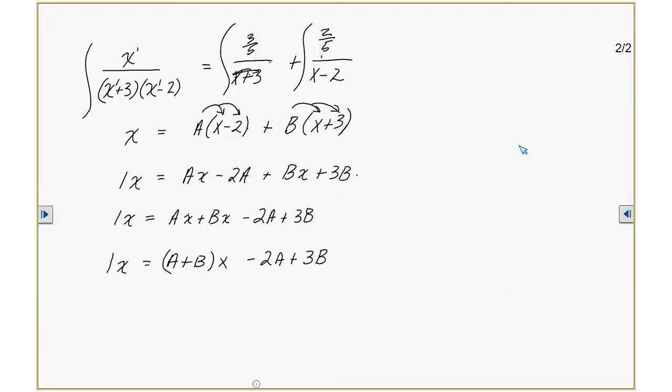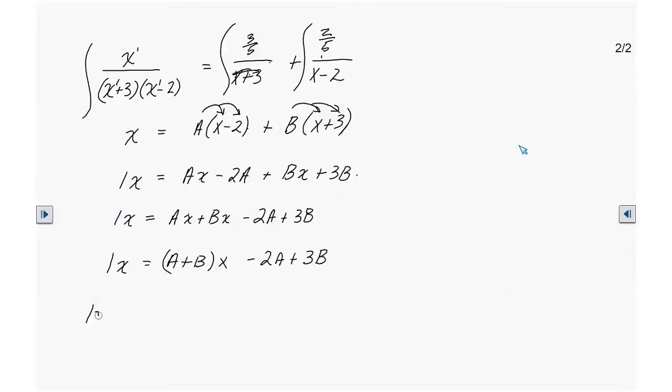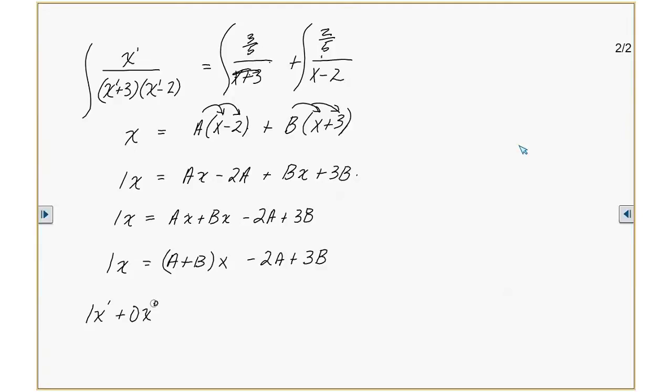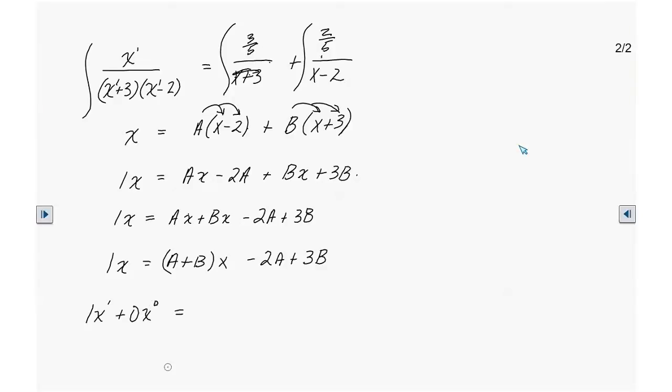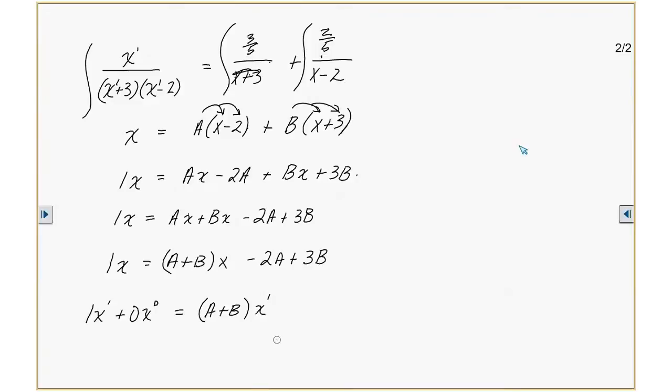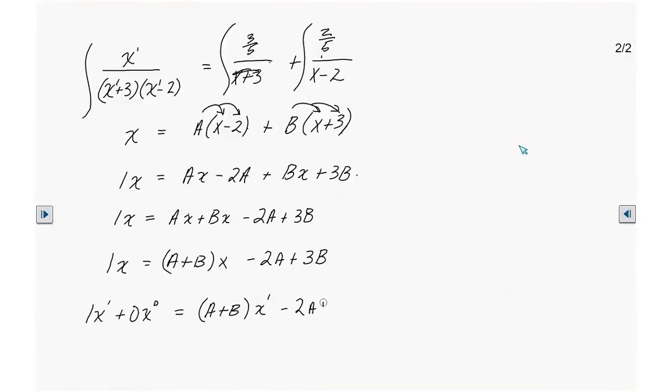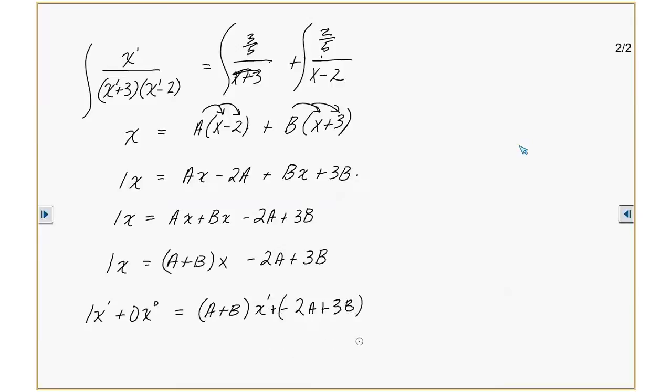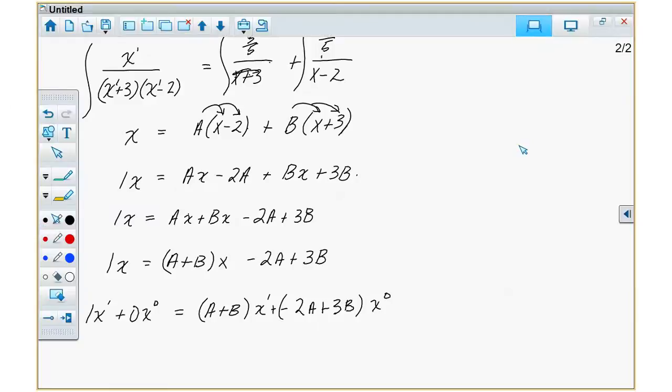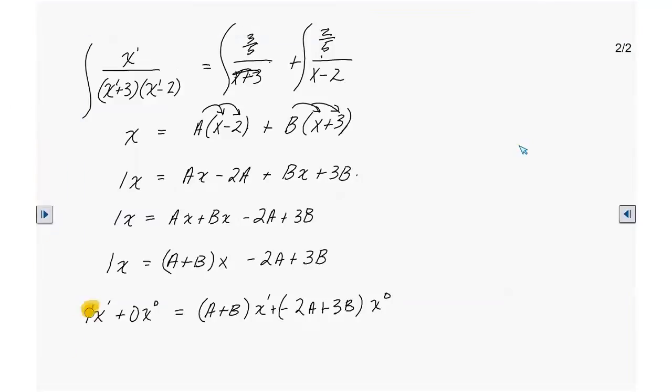I'm going to rewrite the left side as 1x to the first plus 0x to the 0 equals a plus b, x to the first, minus 2a plus 3b, and I'm just going to put that in parentheses, put a plus here, x to the 0. I'm going to take my handy dandy highlighter and highlight this 1 here.